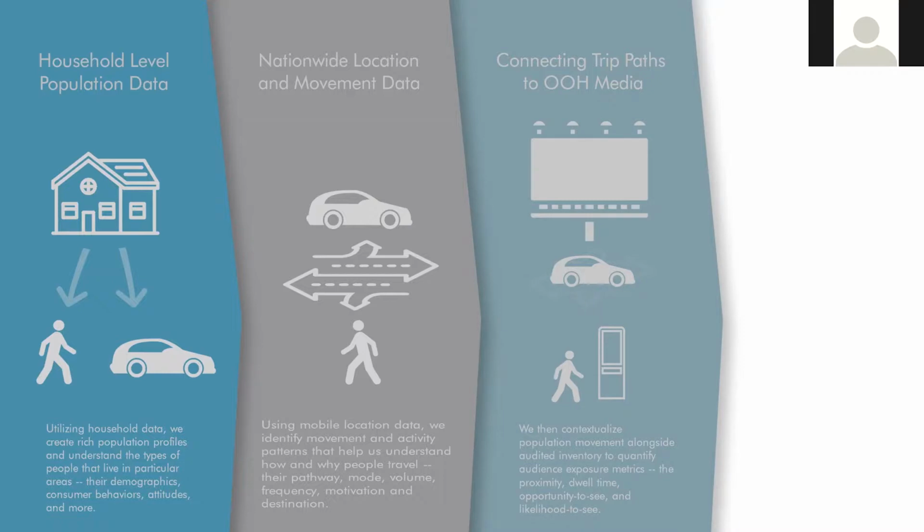This allows us to understand audience exposure and the metrics we often talk about, like dwell time, and what that means in relation to the trip path taking them in front of a piece of media. What's the opportunity to see, and then applying a visibility adjustment index, moving from an opportunity to see to a likelihood to see any piece of media.